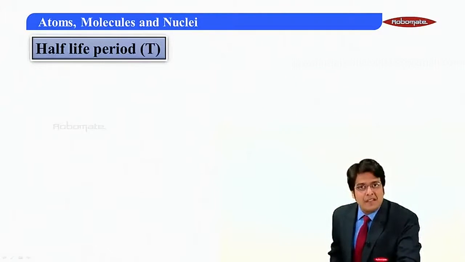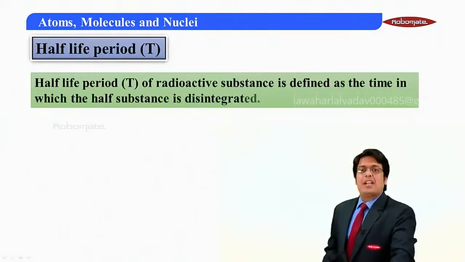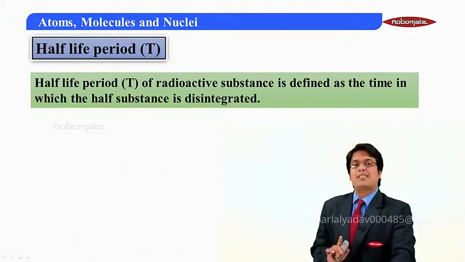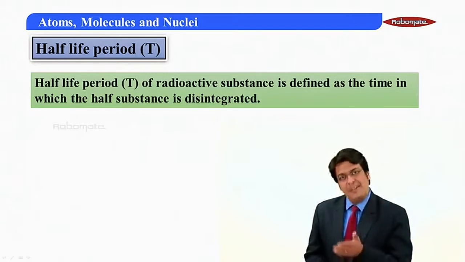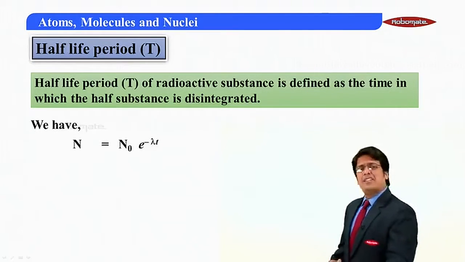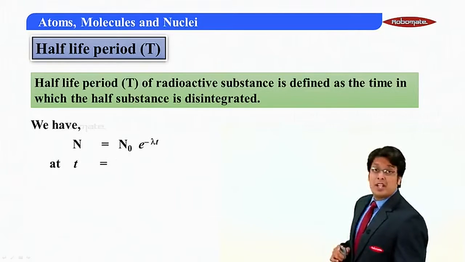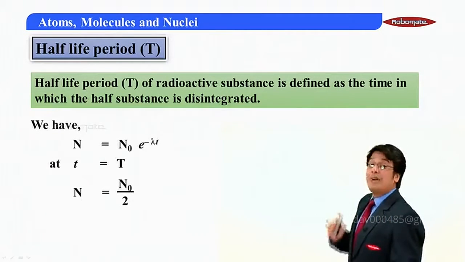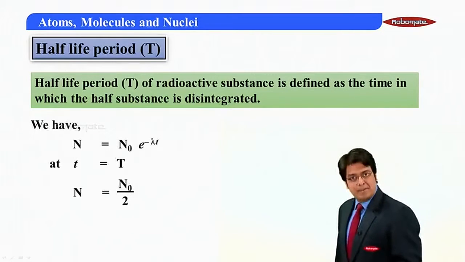So what is half-life? Half-life is that period of time in which half of the substance is remaining and half has already decayed. Simple and sober. We have N is equal to N0 e raised to minus lambda t. Now when your t is the half-life, your N becomes N0 by 2, half of the initial number.